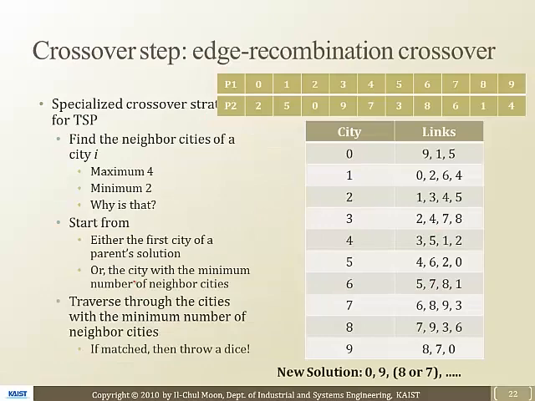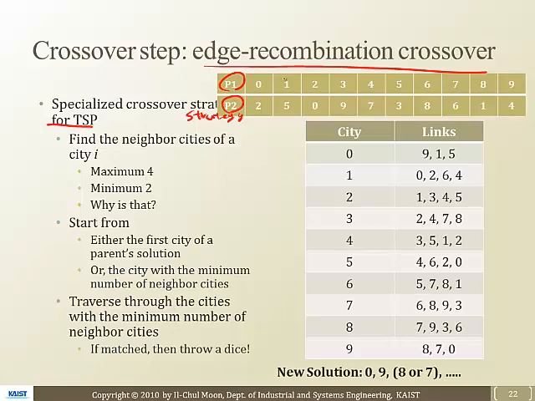Okay, so here this crossover is being called the edge recombination crossover. It's a specialized crossover strategy for TSP. We have parent 1 and parent 2 here.